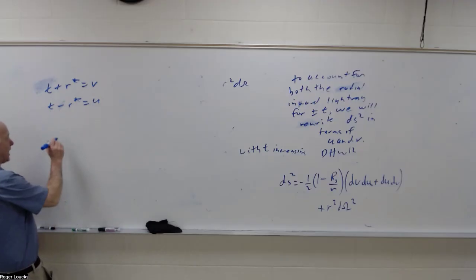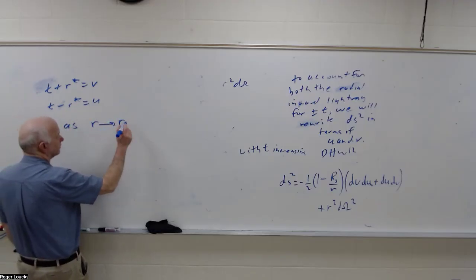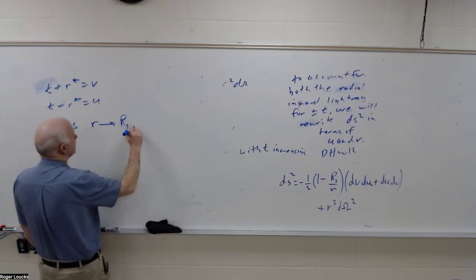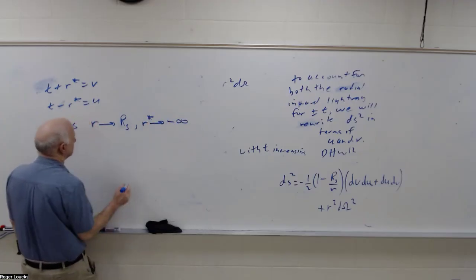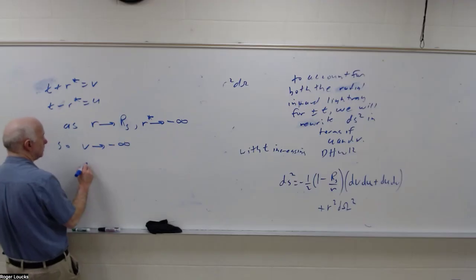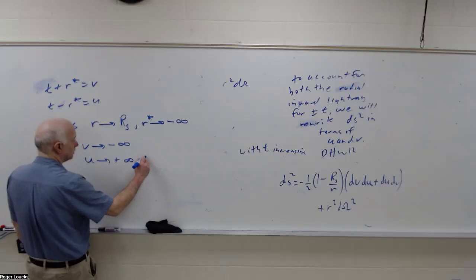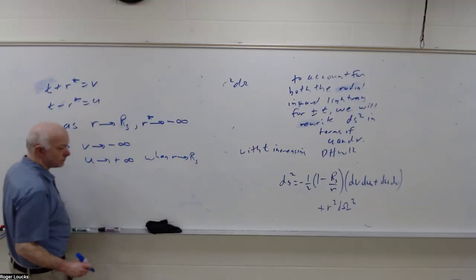The problem is that as r goes to r_s, we found out that this r star goes to minus infinity. So v goes to minus infinity, and u goes to positive infinity when r goes to r_s.